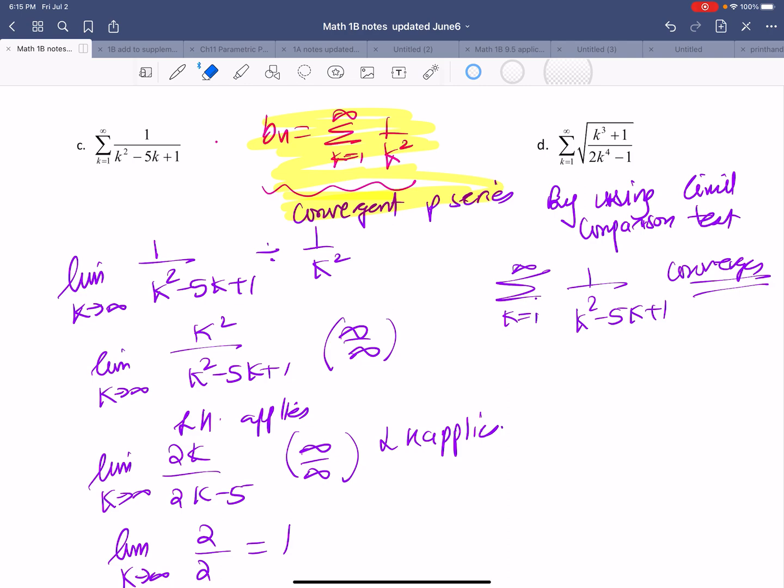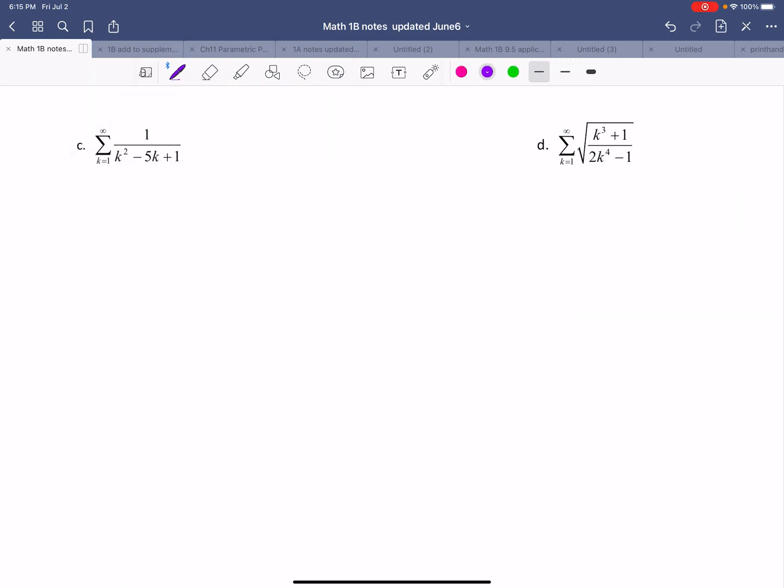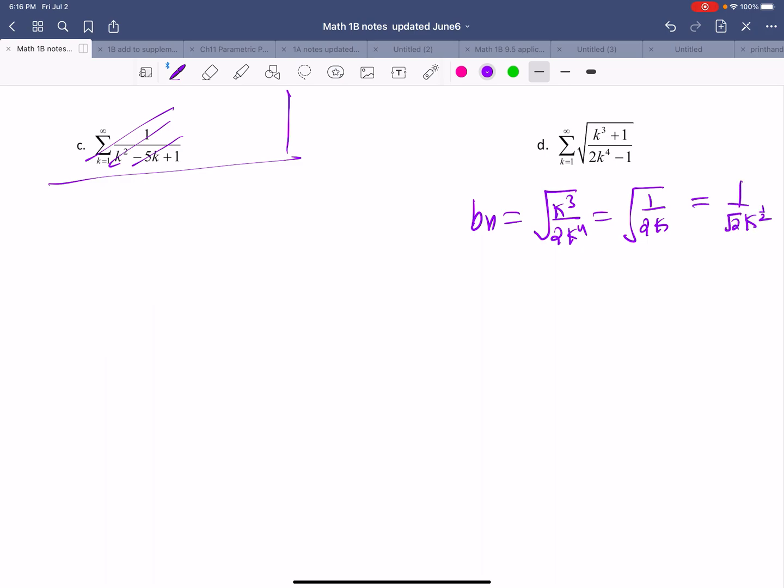Let's see part D that we have next. So again, I'm going to clear this, okay, and look at part D. Here again, we are only concerned with the leading term. So I will compare it with Bn, which in this case would be the square root of k to the third over 2k to the fourth, which simplifies to 1 over 2k, the square root of 1 over 2k, times a half.